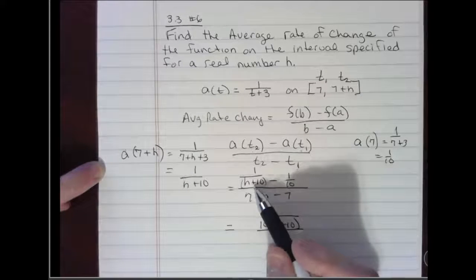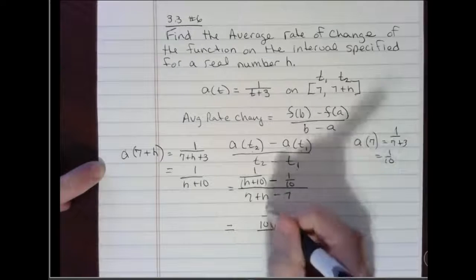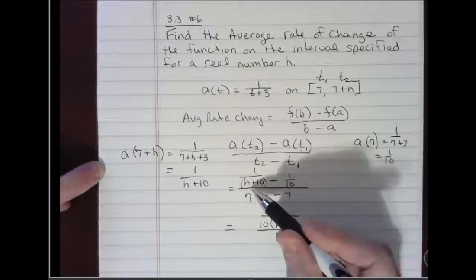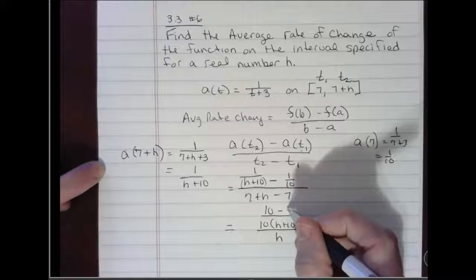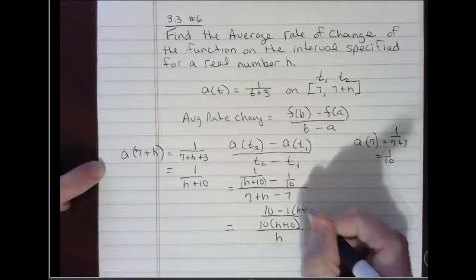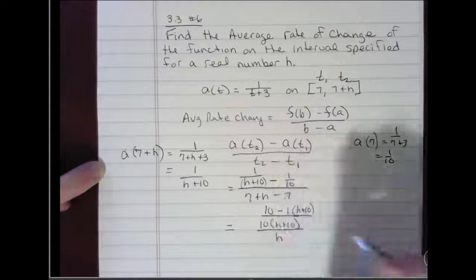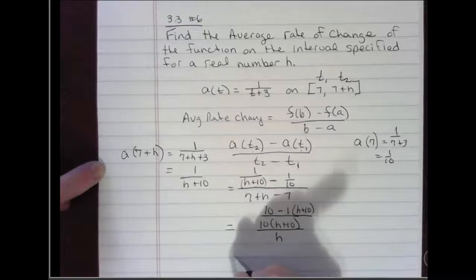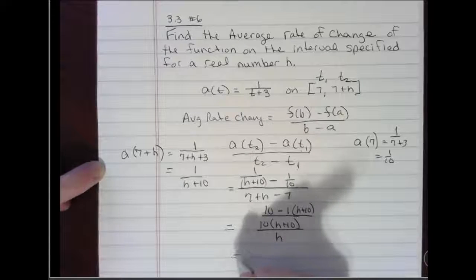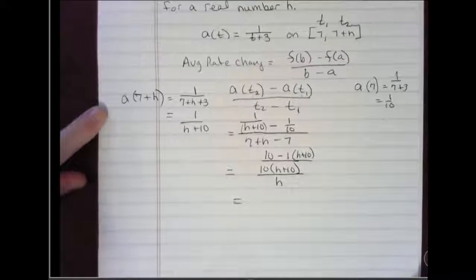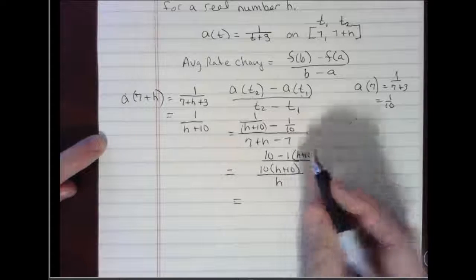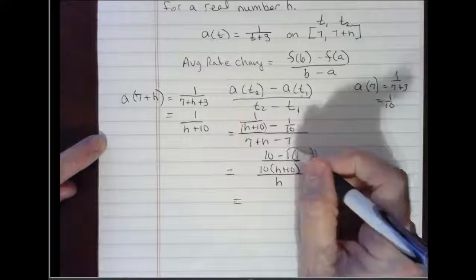So this one, in order to get 10 times h plus 10, I had to multiply by 10. So that would be 10 times 1, minus, and this one had a 10 but didn't have an h plus 10, so I'm going to multiply it times h plus 10. And we can simplify this out. Let's distribute here first.